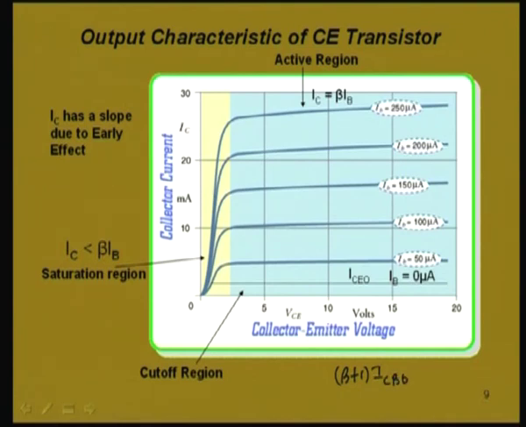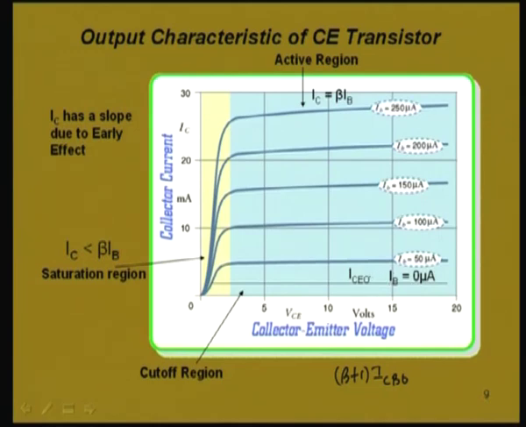ICBO was the leakage current in a common base transistor, but in a common emitter transistor the leakage current is much more, and this is beta plus 1 times the ICBO or ICO. So, even when you make IB equal to 0, you are not able to make IC truly 0, because this part of the current will be there, which is known as ICEO.